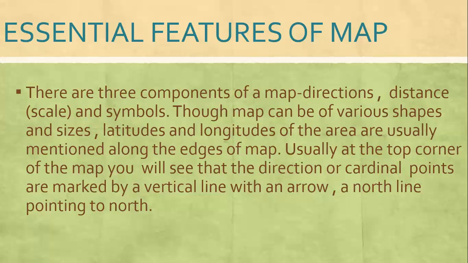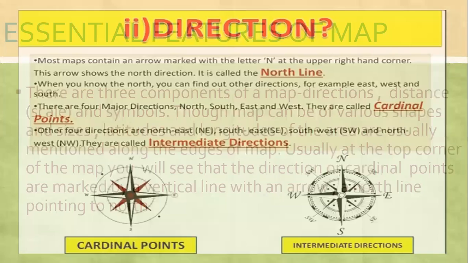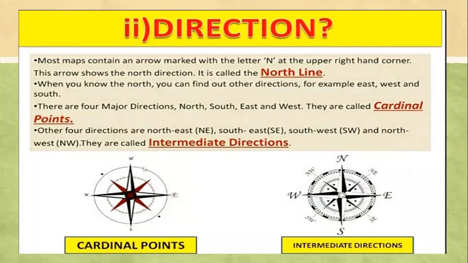At the bottom corner of the map you will see the scale written. The scale represents the distance, marked in centimeters, and 1 centimeter is equal to 10 kilometers. The signs and symbols represent according to the kilometers. Now this is all about the scale.